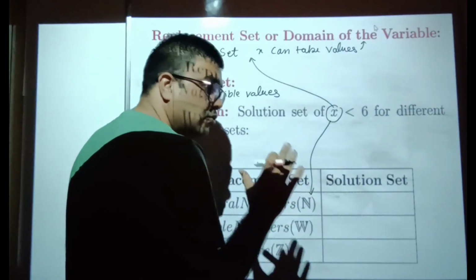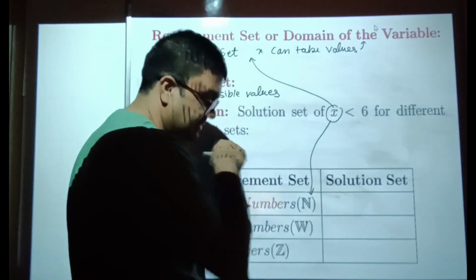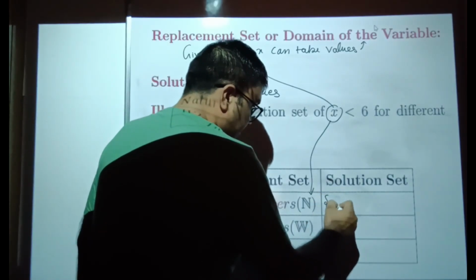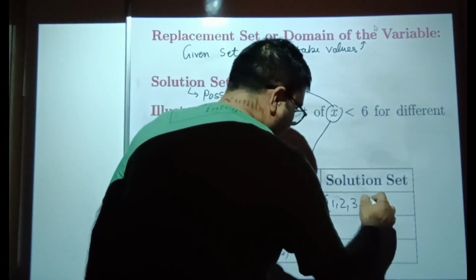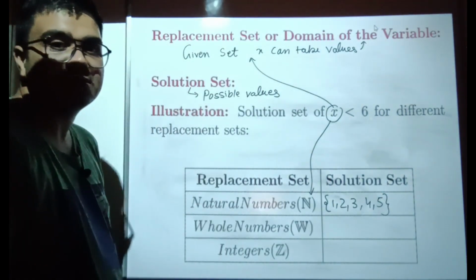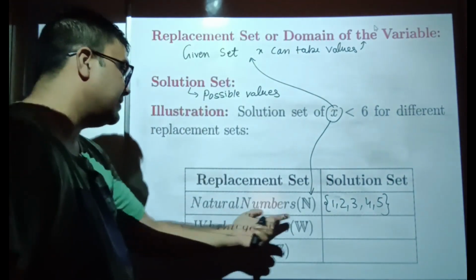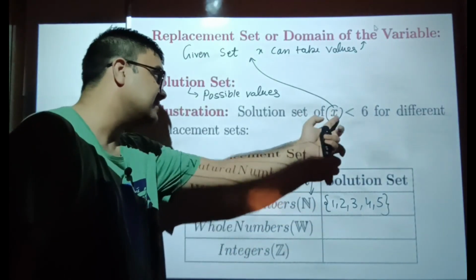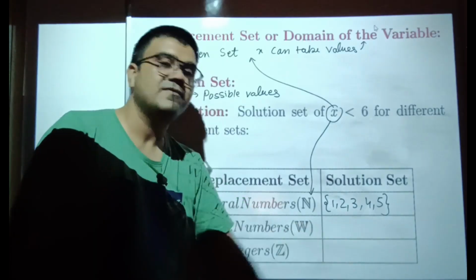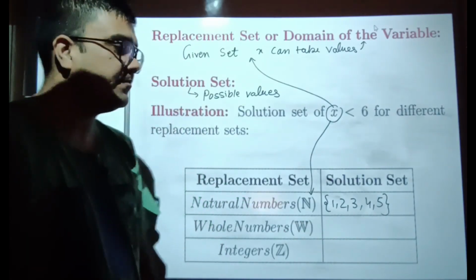It means we are talking about all the natural numbers less than 6, they are 1, 2, 3, 4 and 5. The replacement set, or the domain of x, is N, natural numbers. The solution set is 1, 2, 3, 4 and 5.